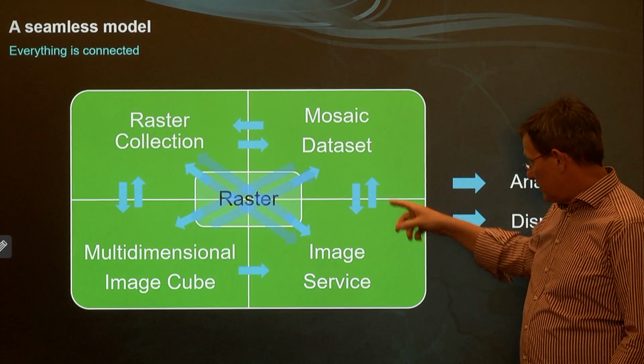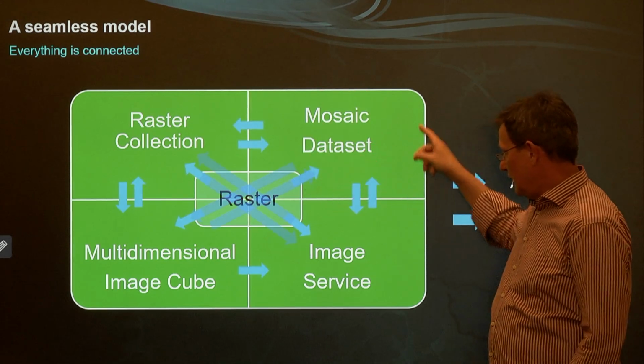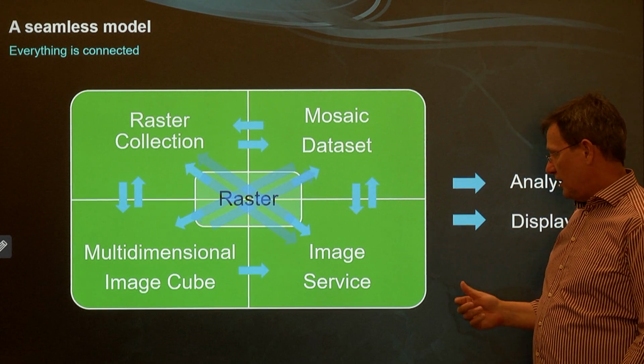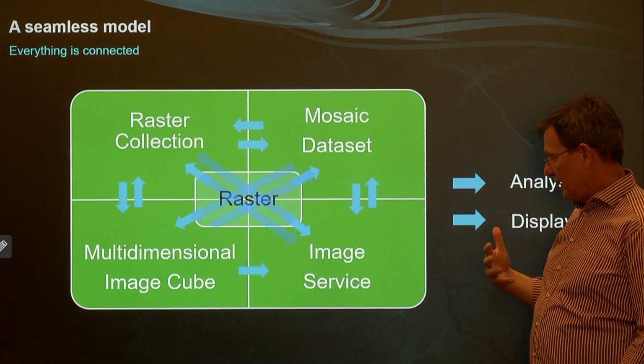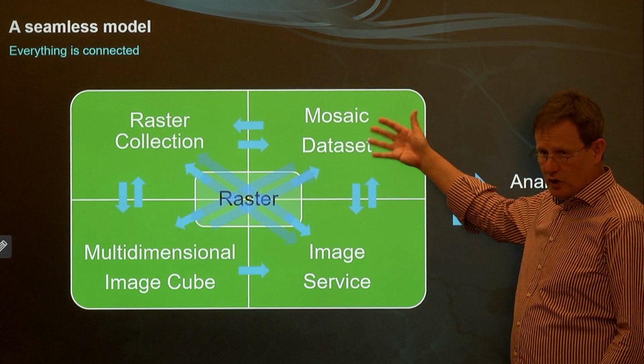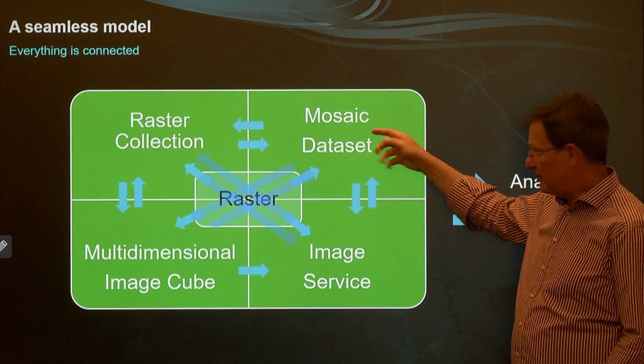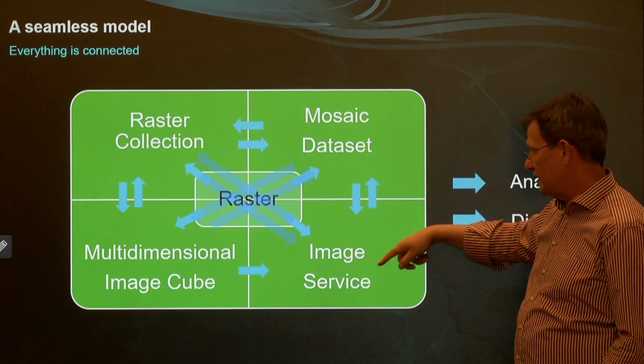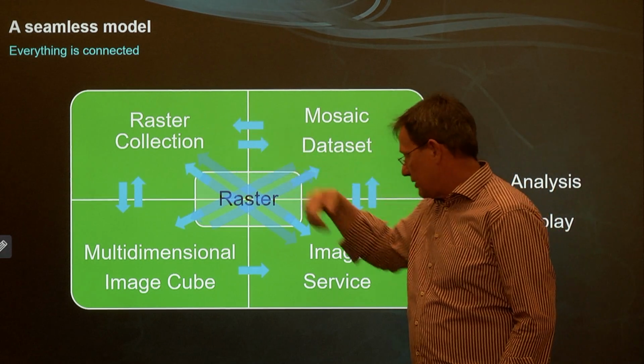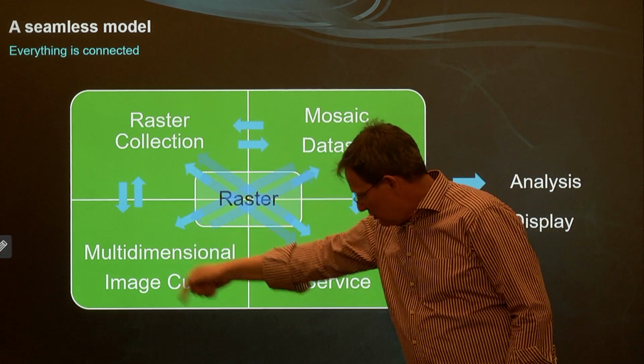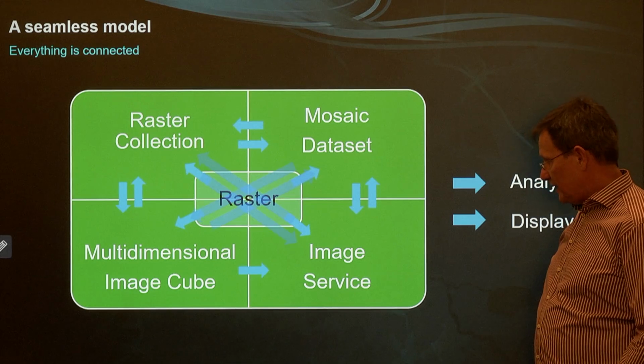We've been talking about creating a compilation in a mosaic dataset, which is more the idea that you might need that for a longer time and do something with it, serve it as an image service, use it as a raster collection, output it into a multidimensional image data cube.